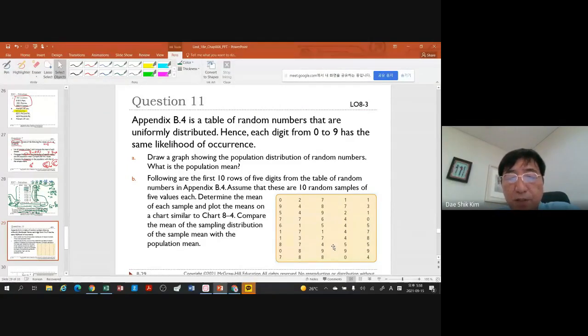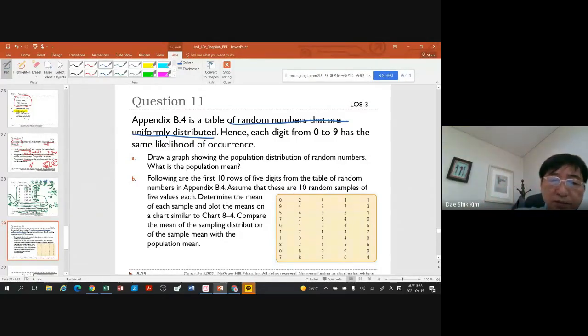Appendix B4 is the table of random numbers, which is uniform. Random numbers follow a uniform distribution. Uniform distribution you have studied in chapter 7, in the previous class last year. Hence, each digit 0 to 9 has equal likelihood of occurrence. Draw a graph showing the population distribution of random numbers.